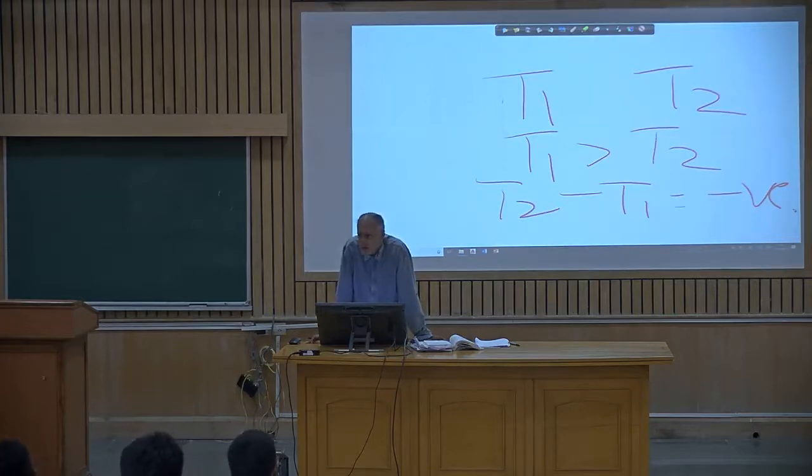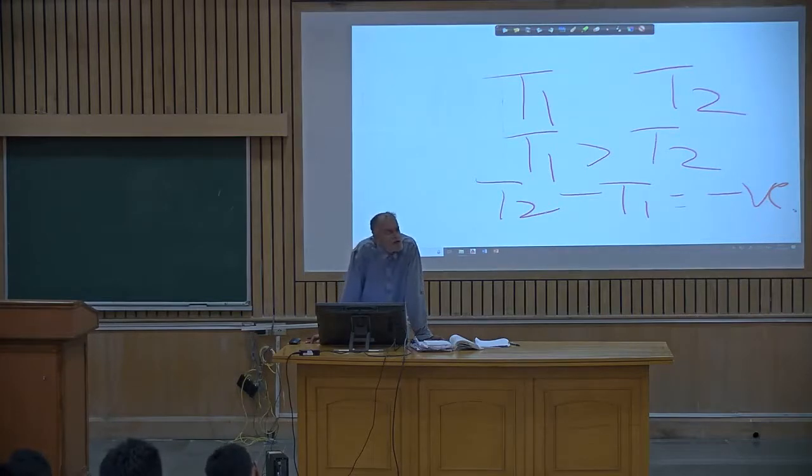Write it however you want. In the heating case, what happens? Your temperature is initially T1 and then it will become T2. What is the gradient rate? T2 minus T1. That will work.